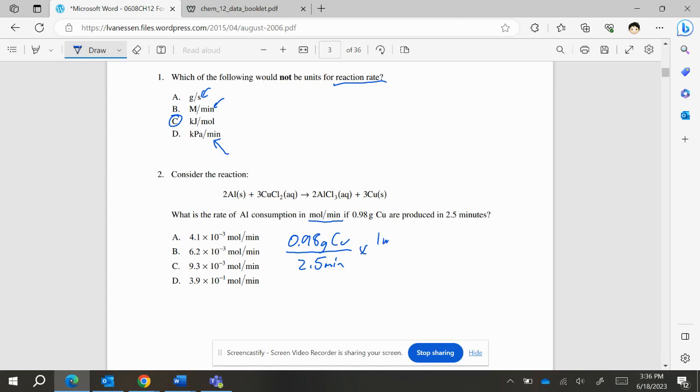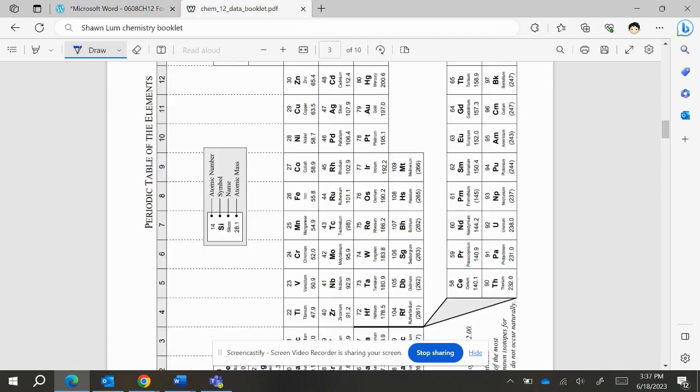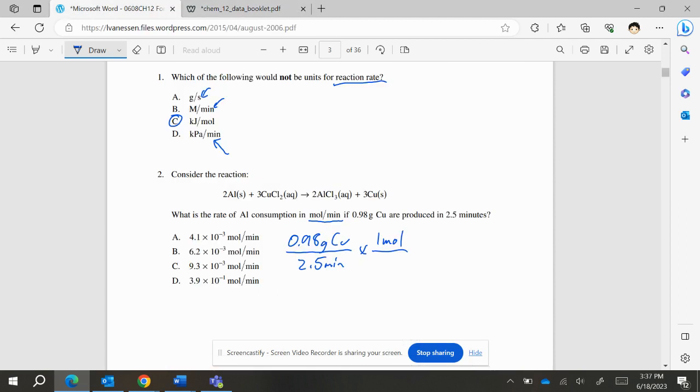So I'm going to go 1 mole, and I look up the molar mass of copper. I found the molar mass right here is 63.5. And so I'm going to go 63.5 grams right there of copper. So effectively what's happening is that my units are canceling out, and now I'm in moles per minute.